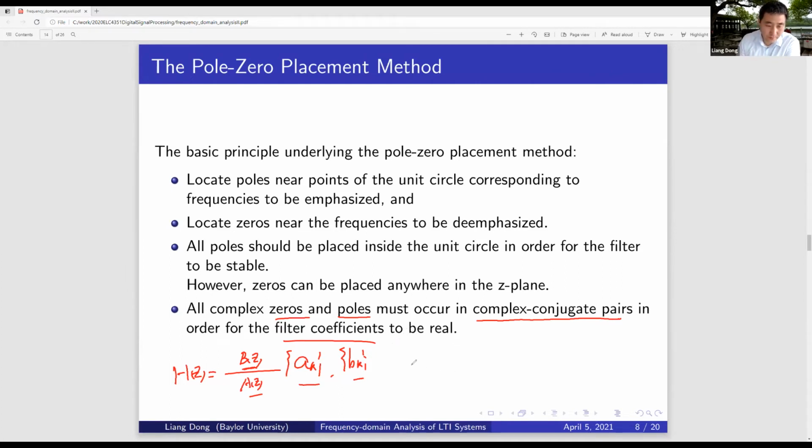Why do I need the filter coefficients to be real? Again, that's for implementation, because H(z), this is Y over X, equals a polynomial. Let's say just 1 subtract B1 here, and this is B0. Let me say the denominator is 1 subtract A1 z to the power -1. Now, if you move that to here, that's Y subtract A1 Y z^-1, and then move everything to B. So these are the coefficients.